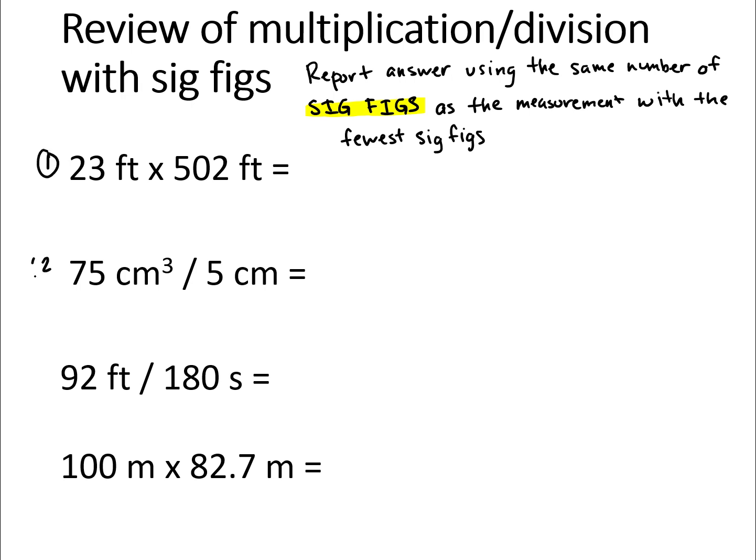I'll go ahead and number these so we can refer to them. For number 1, we've got two measurements, 23 feet and 502 feet. I want to know how many sig figs are in each of these measurements, the 23 and the 502.